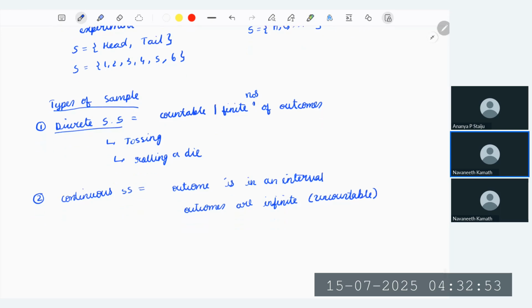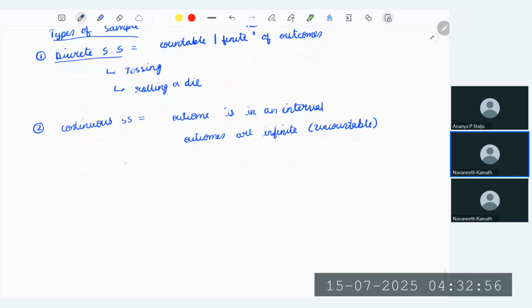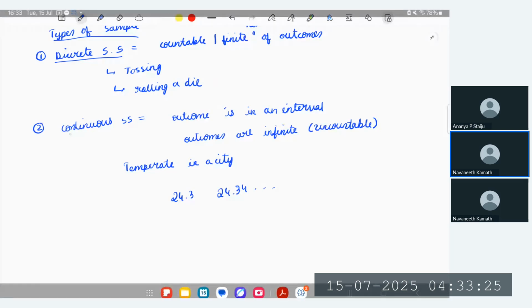Like temperature in a city. It can be any value, right? It can be like 24.3, 24.34, like that. Any number, degrees Celsius. Or something like stock market prediction, or the weight of a person in a group, like that. Any doubt in this discrete and continuous sample space?